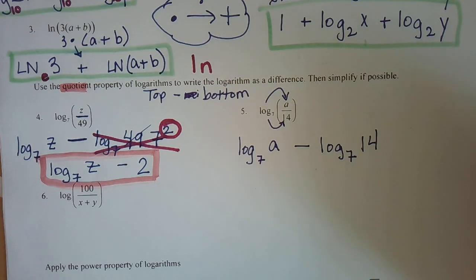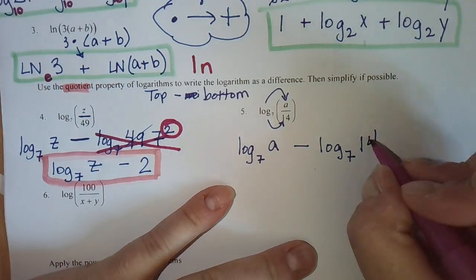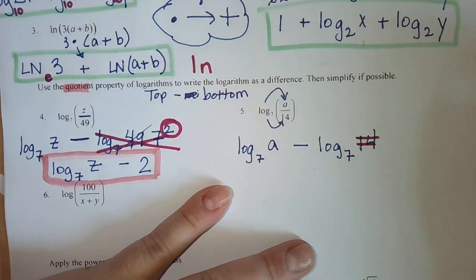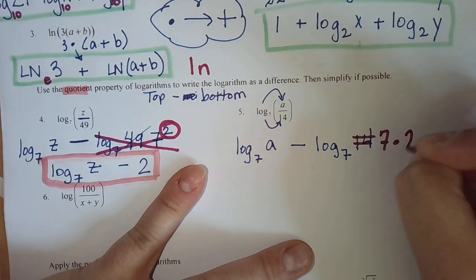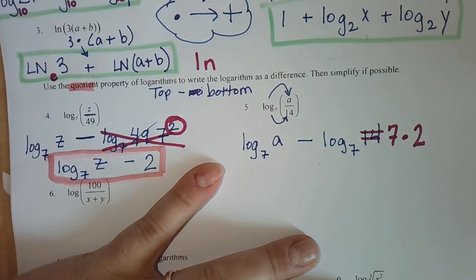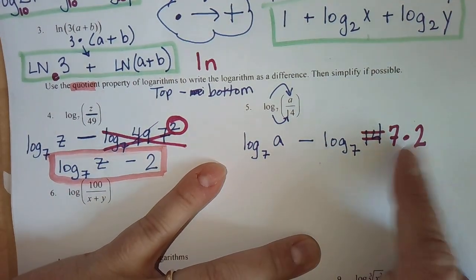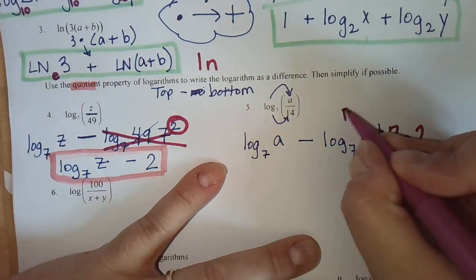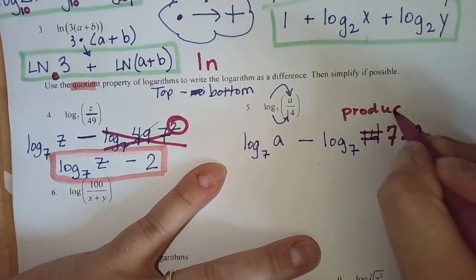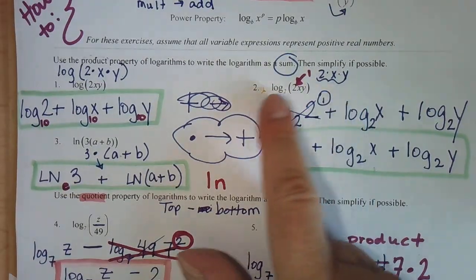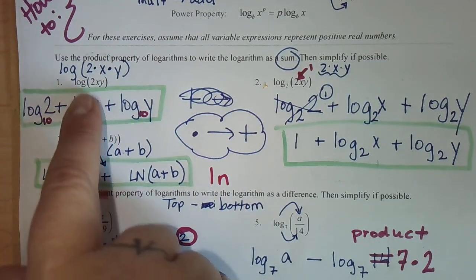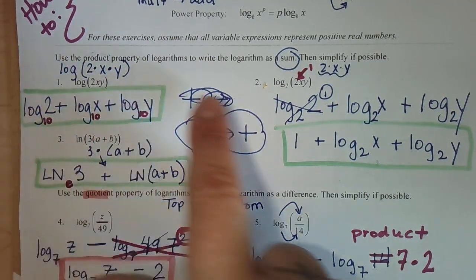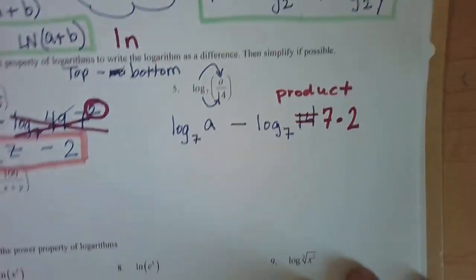If I wanted to try another extra step, I could change this 14 to not 7 squared, but maybe 7 times 2. And then we could use the product rule. And remember, the product rule says, if you have stuff that's multiplying, it changes. The multiply goes to plus. Multiply goes to plus.